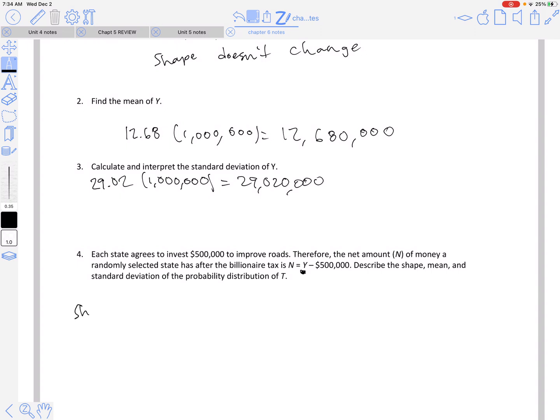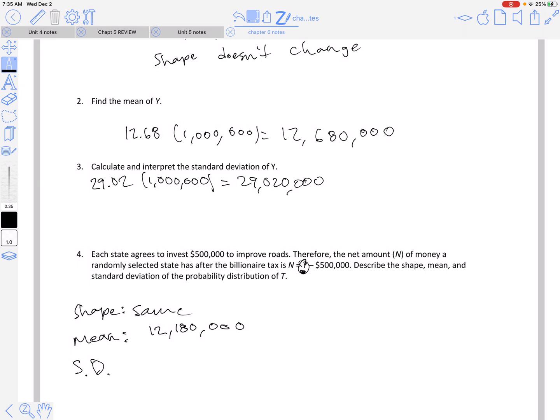Well, the shape is going to stay the same, because subtraction is not going to affect the shape. The mean will get shifted, so it'll be 500,000 less. I just took the original mean from number 2 and subtracted that, because it said take y and minus that.